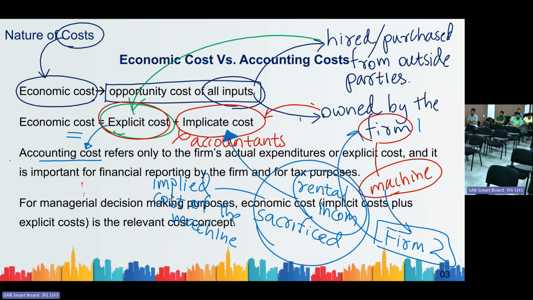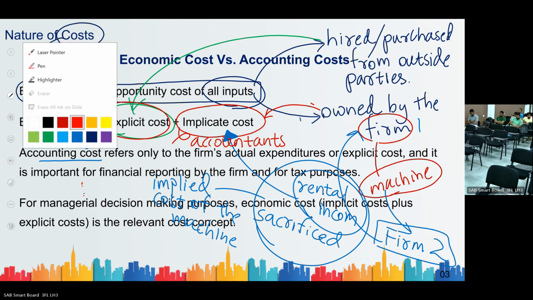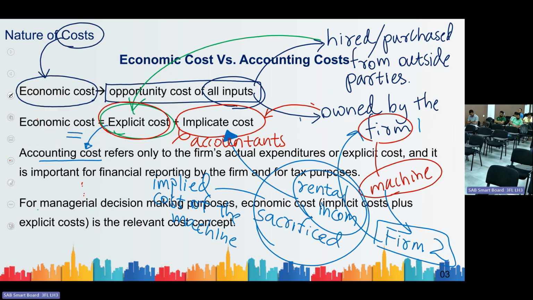Explicit costs are the only cost items that are considered by accountants, because those are the cost items that accountants use in financial reporting and for tax purposes. But in managerial decision making, we should consider both implicit costs and explicit costs.